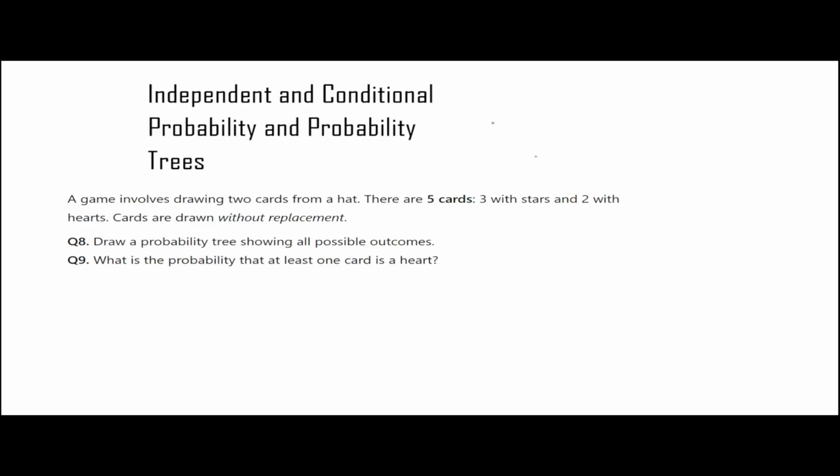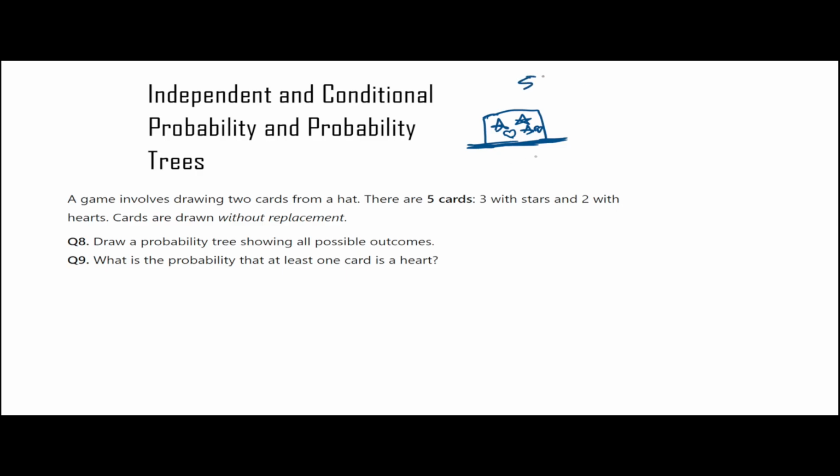Okay, so here's our hat. So it's like an Abraham Lincoln hat. And there are 5 cards. There are 3 with stars and 2 with hearts. It's a little heart.